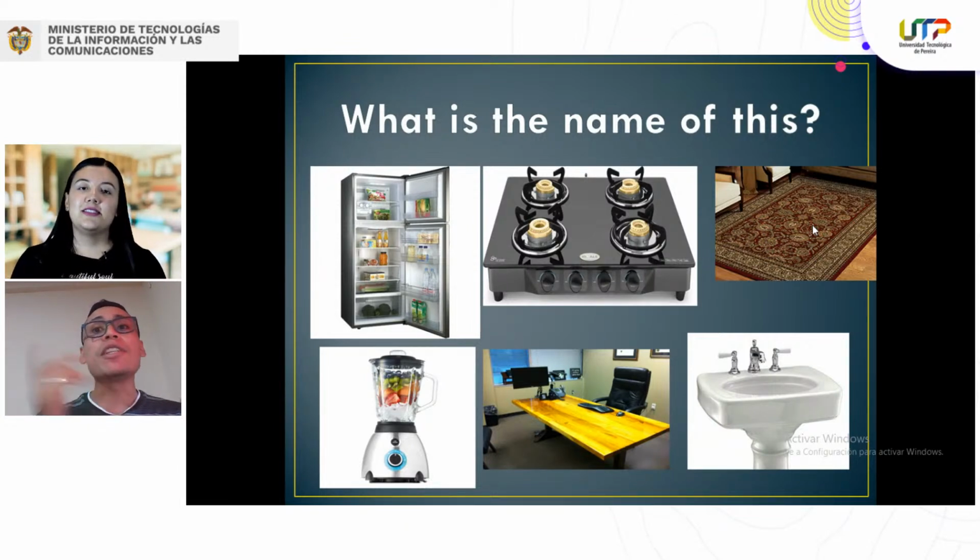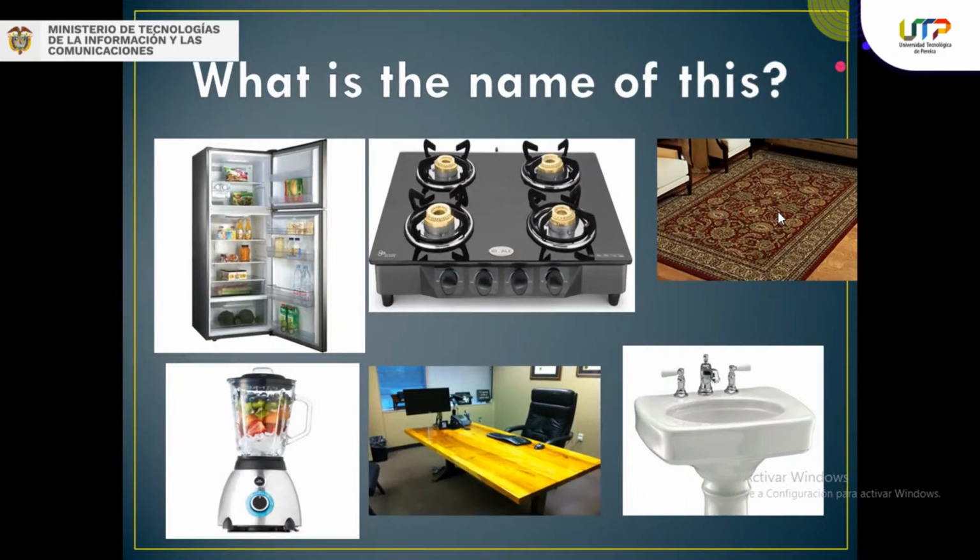And Luisa is also correct. She wrote that it is rug or carpet. So why don't you explain us again the difference, teacher? Yeah, very good. So Luisa, remember, both are very similar, but they are a little different, and it is the size. A rug is bigger than a carpet.